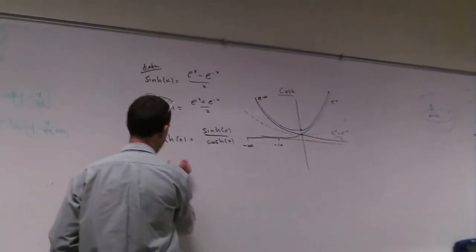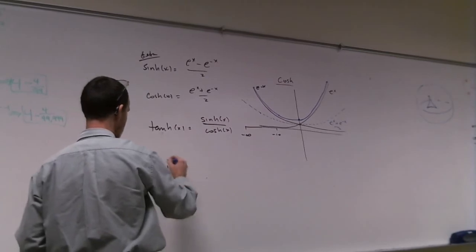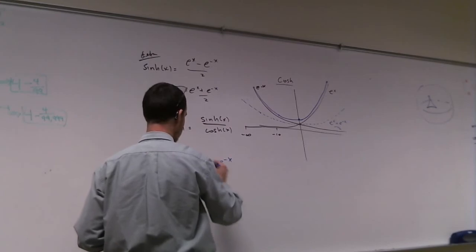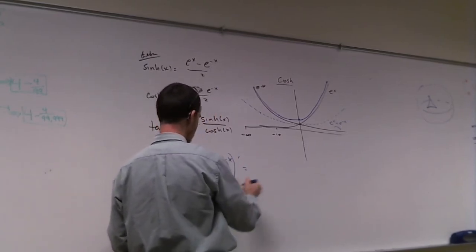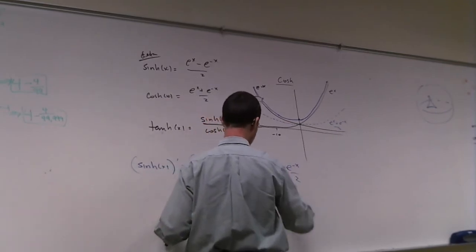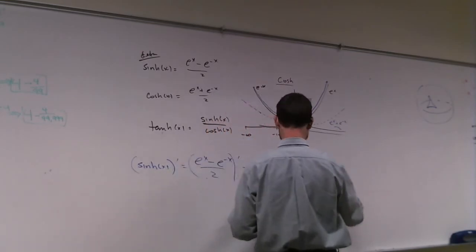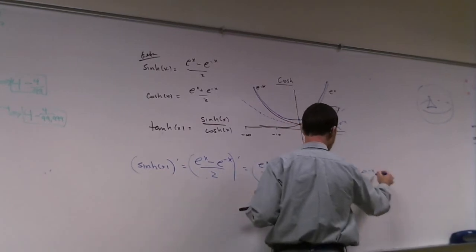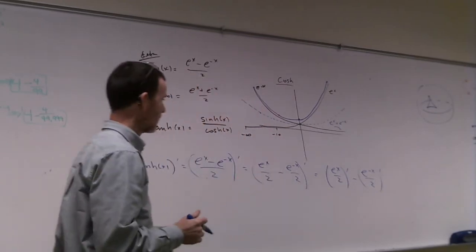So if I was asking you to take the derivative of sinh, you just go to the definition, and then, I don't know, break it up. Right, just break it into the little pieces till you get the derivatives of e to the x over 2 minus e to the negative x over 2. Okay, you ought to be able to take the derivative of both of those.